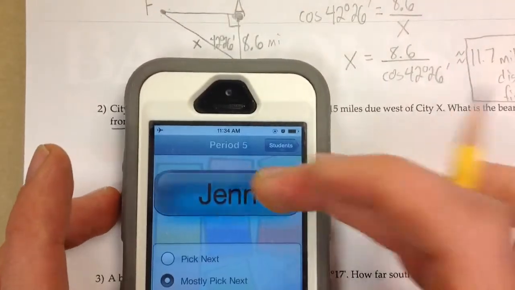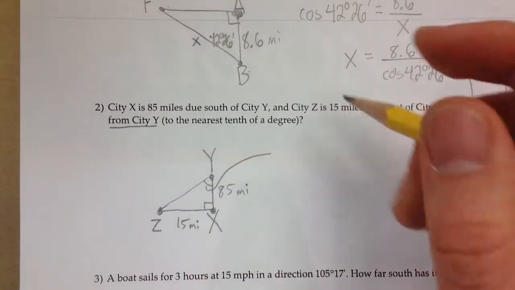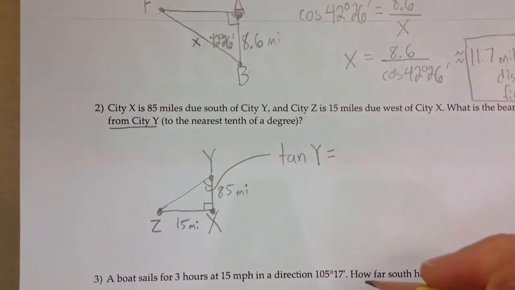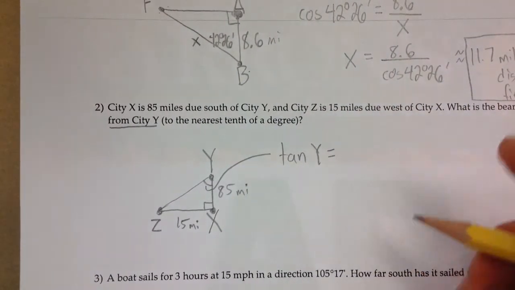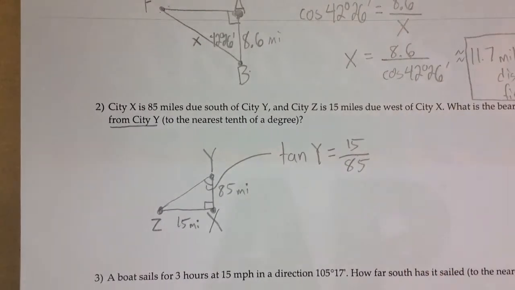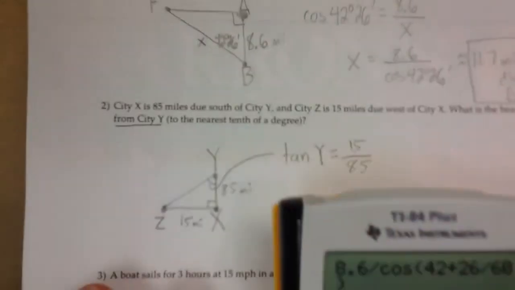And Celine, can you tell me what trig function I can use to solve for this angle? Tangent of Y. Very good. Equals 15 over 85. And then how do I get to Y? Excellent. I'm impressed.